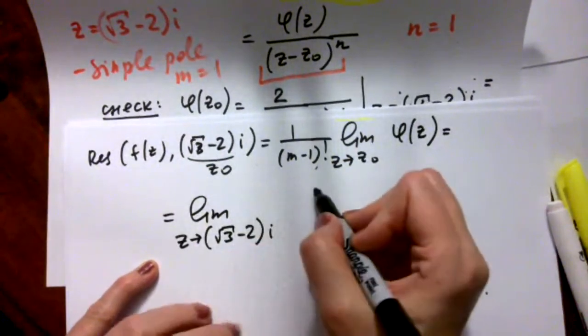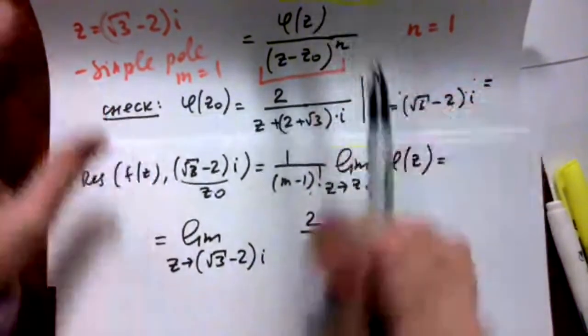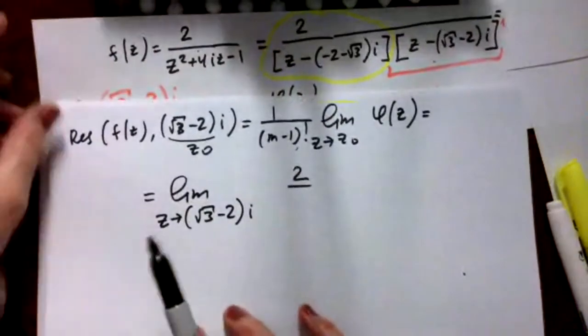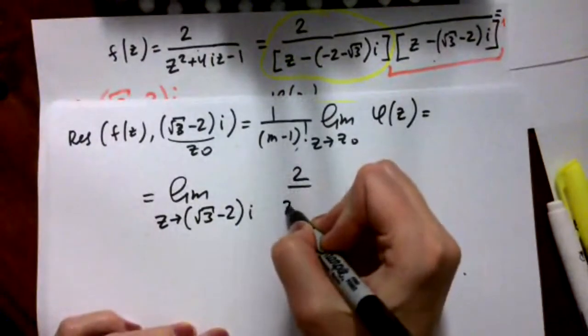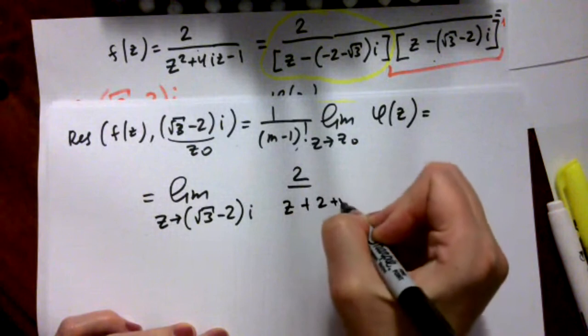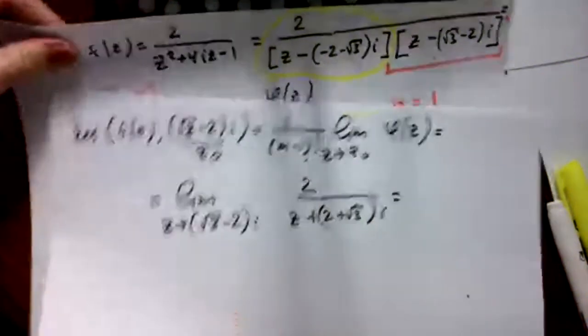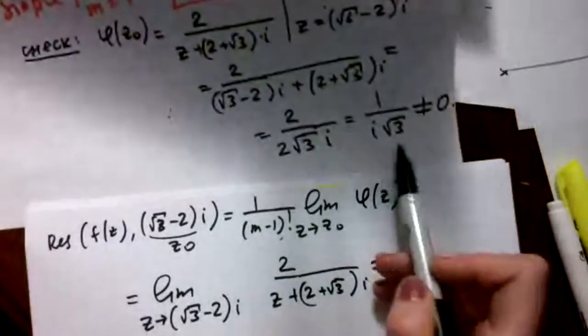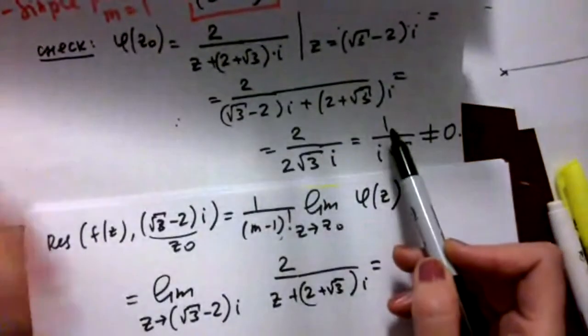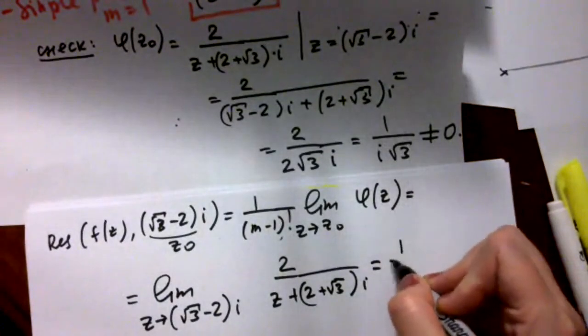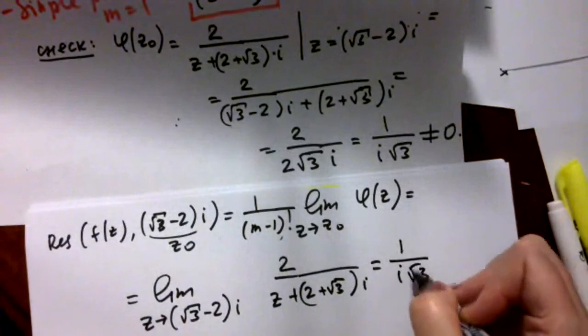So all we need to do is substitute our current singularity point into our phi of z. And phi of z was this yellow expression on the previous page. But you know what? We have already done it before. Of course, I'm rewriting this expression once again. But actually, when we were checking that phi of z is not equal to 0, we actually calculated the residue. So we can just copy it from there.